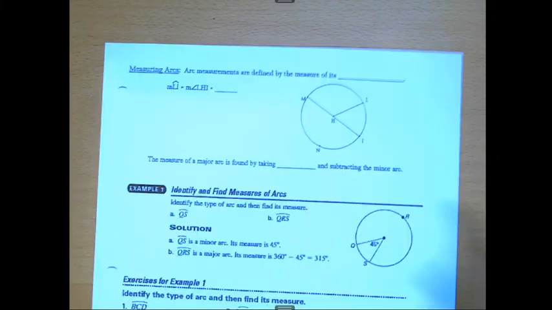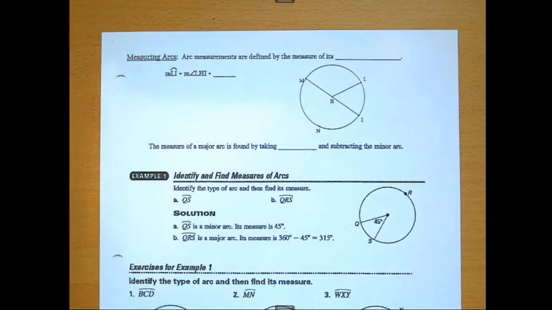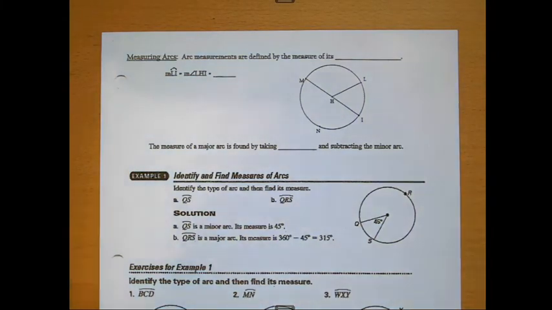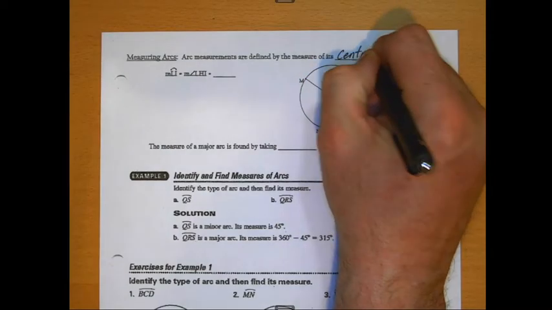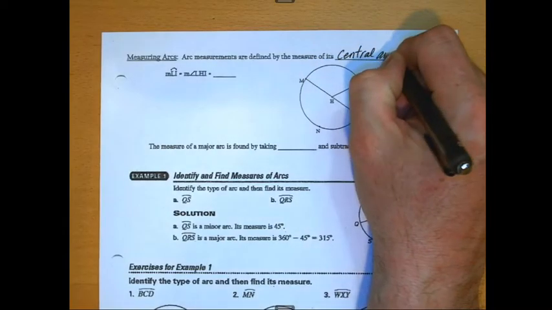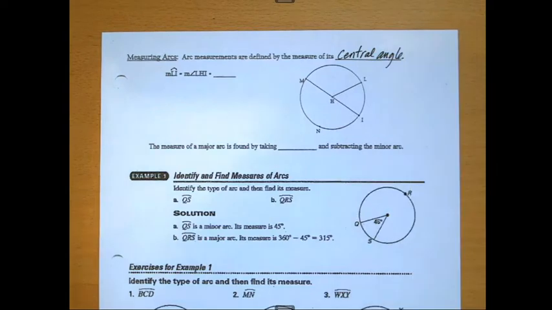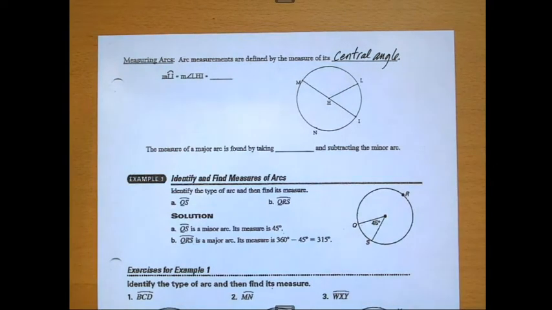All right, measuring arcs, page 2. Again, pause at any time that you need to fill out, and then move ahead. Measuring arcs. Arc measurements are defined by the measure of its central angle. So once I get the central angle, I have the measurement.